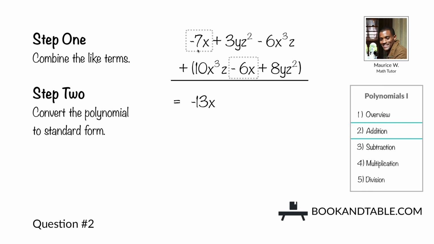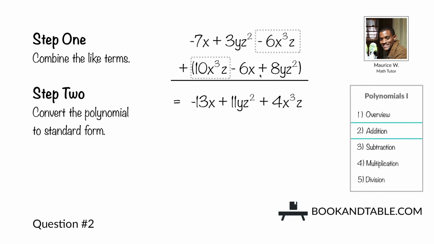So when we combine the coefficients, we have negative 7 minus 6, which gives us negative 13x. We then go to the next term in the first polynomial, 3yz squared, and we combine that to any other like terms, and we have 8yz squared. So when we add the coefficients, we have 8 plus 3, which gives us 11yz squared.